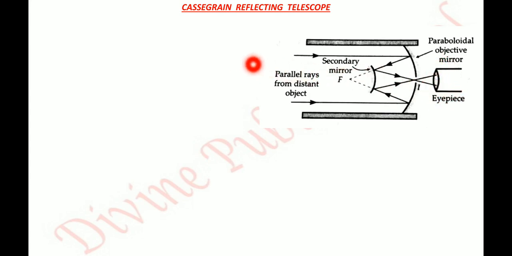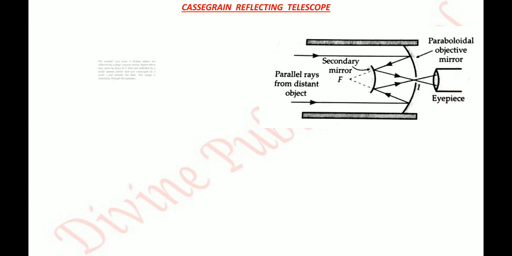From infinity, rays come and fall on the concave mirror, and they are reflected back towards the focus. But before they converge at the focus, a convex mirror is placed so that it forms an image just outside the hole. This image serves as an object for the eyepiece, and the eyepiece forms an image which is virtual, erect and larger.